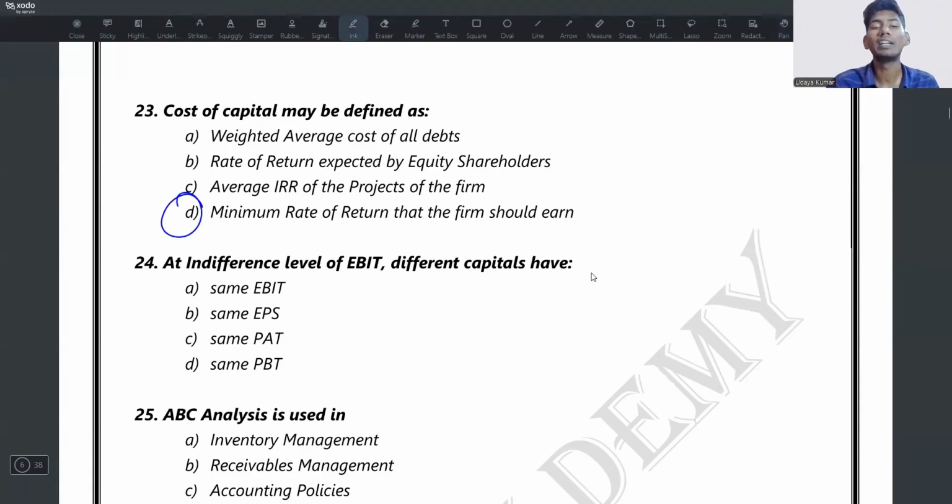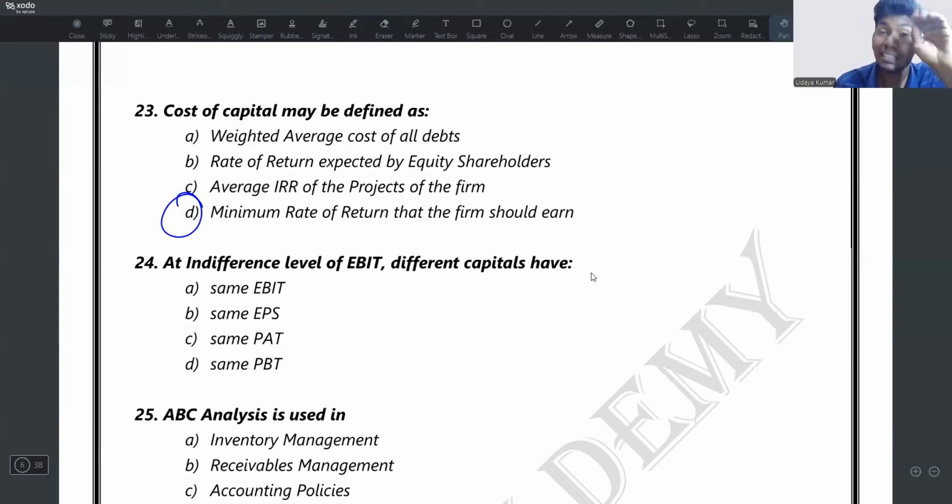Okay. So moving to the question number 24, at indifference level, which we have discussed in our regular live classes, right? At an indifference level of EBIT, different capitals have what? At indifference level of EBIT, different capitals have same EPS, because the indifference level of EBIT is the point at which the EPS is the same, regardless of the financing mix, which is nothing but debt or equity.